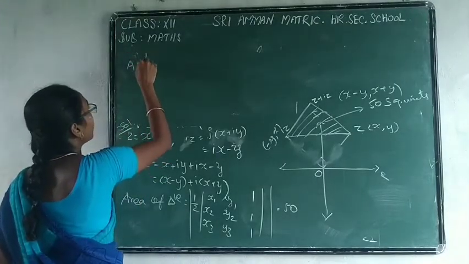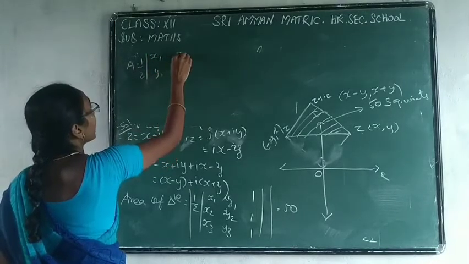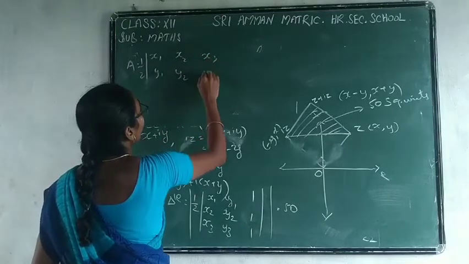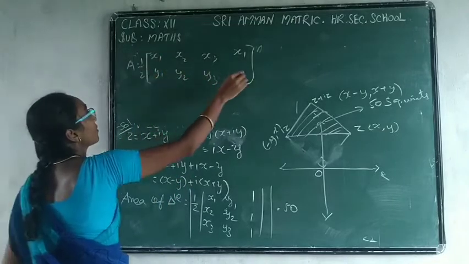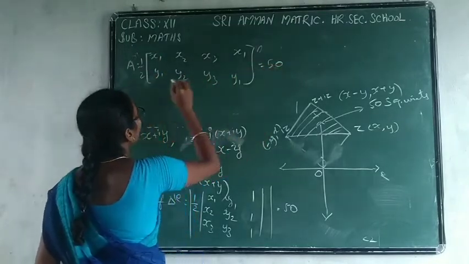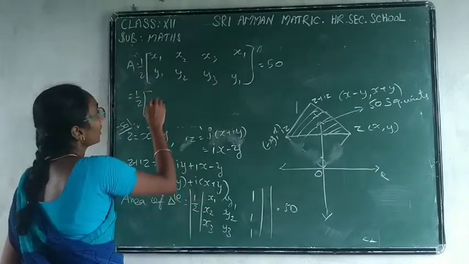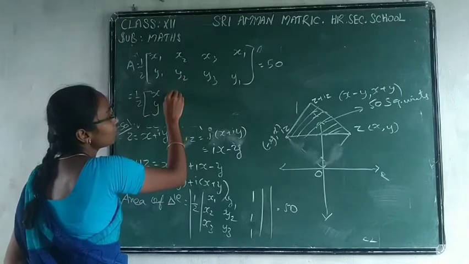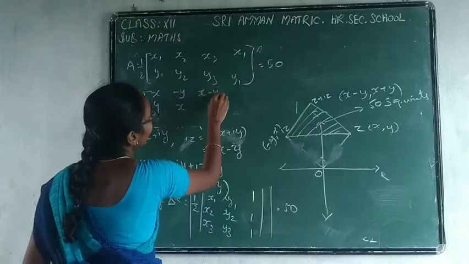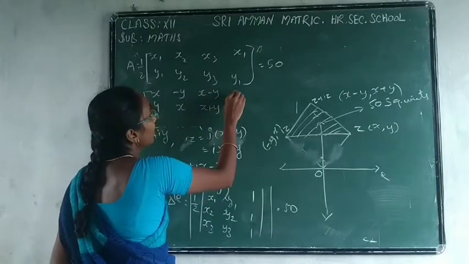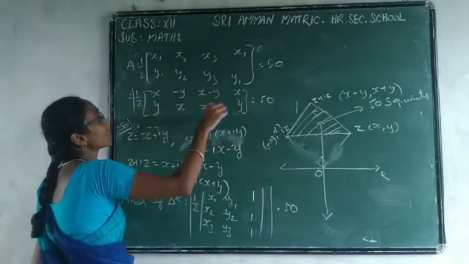A equals 1 by 2 into the array x1 y1, x2 y2, x3 y3, again x1 y1, equal to 50. So half into the modulus of the expansion equals 50.